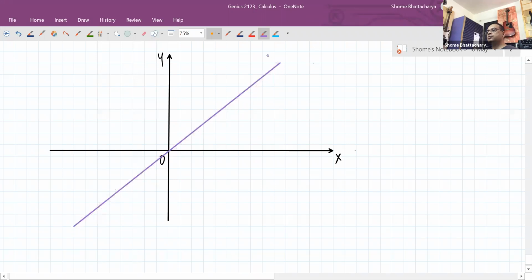So if this is approximately the line y is equal to x, then the exponential function will look something like this.